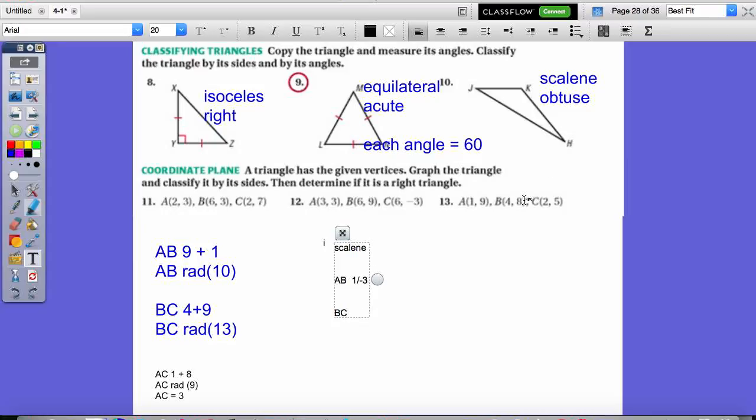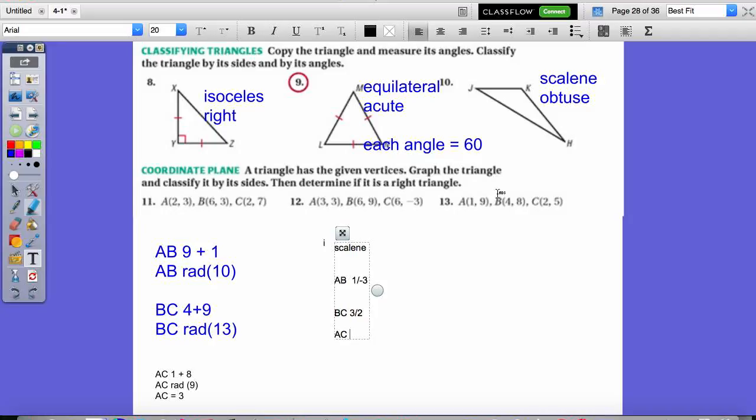BC, 8 minus 5 is 3, 4 minus 2 is 2. So that is not a negative reciprocal of anything. AB and BC are not negative reciprocals.